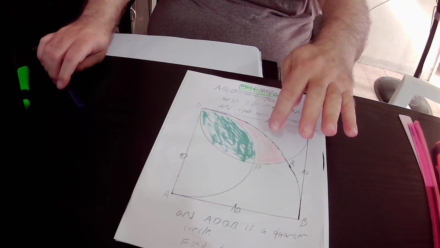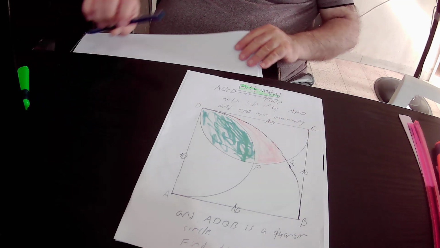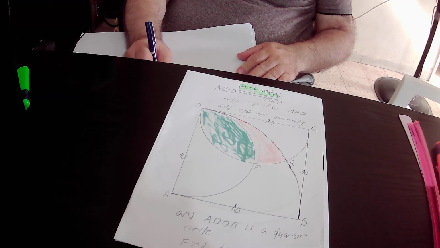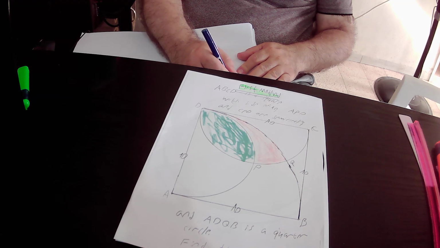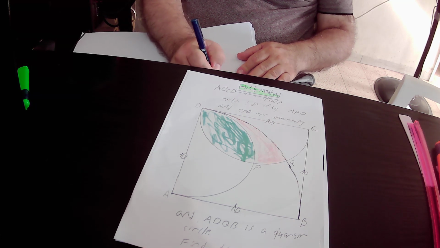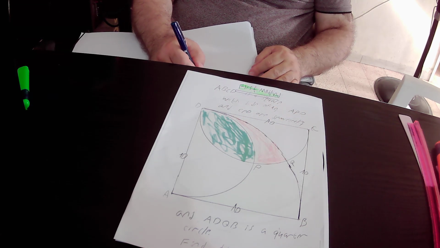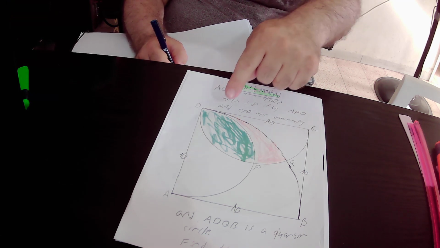The area of this orange shape that we are looking for equals the area of the big lens minus the area of the blue lens.